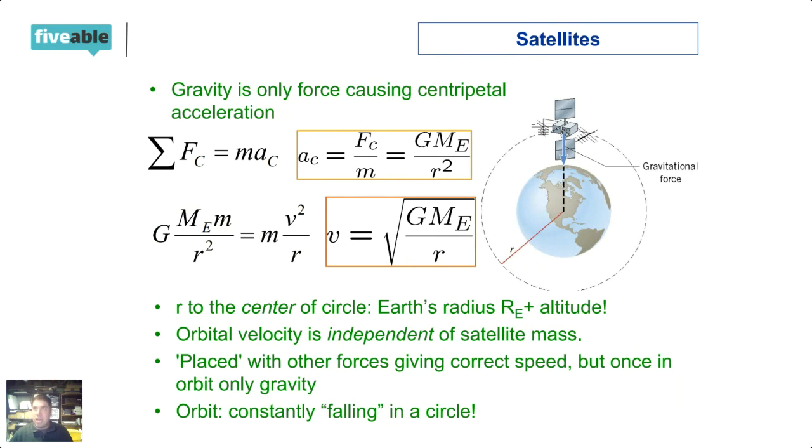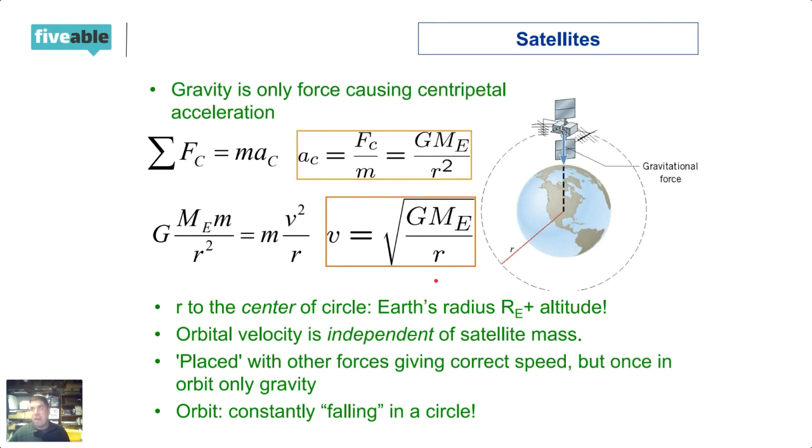Those drop out. I can divide both sides by m and it disappears. I'm left with this: velocity is equal to the square root of G M_E over r, which means that nowhere in here does the object's mass matter, which is kind of interesting.